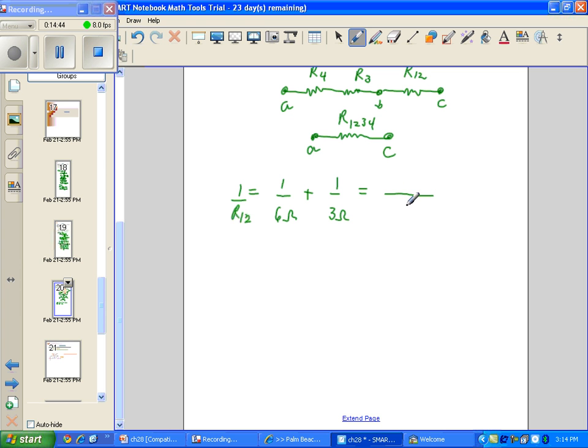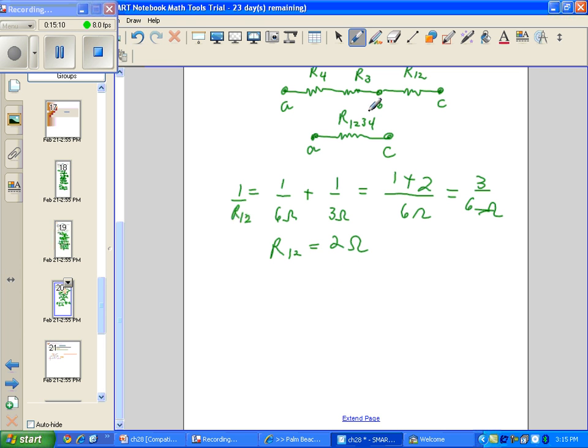We find a common denominator, 6 ohms, and we get 1 plus 2, excuse me, 3 over 6 ohms. And if we take the reciprocal of that, we get R12 is equal to 2 ohms.